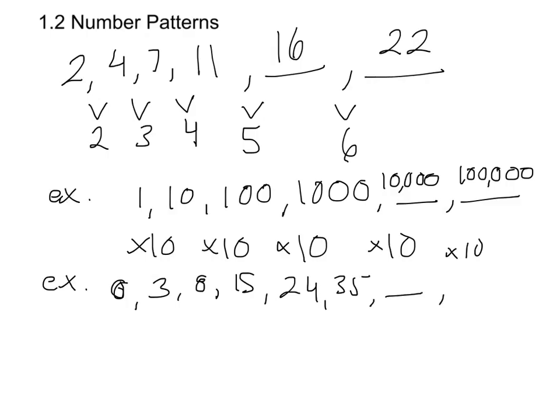And then looking for the next two, you can see that this increases by 3, then by 5, then by 7, then by 9, and then by 11. So the next term is going to increase by 13 following this pattern, and that will be 48, and then the next by 15, and if we do some addition here, that will be 63.